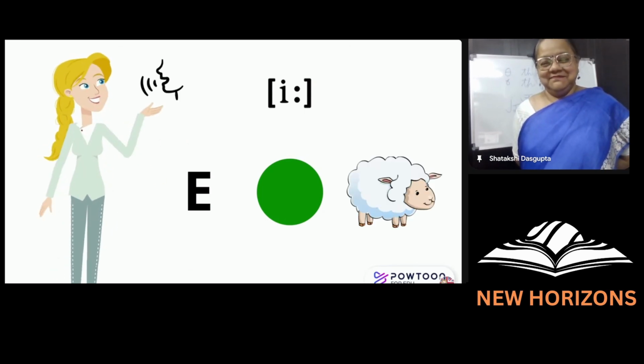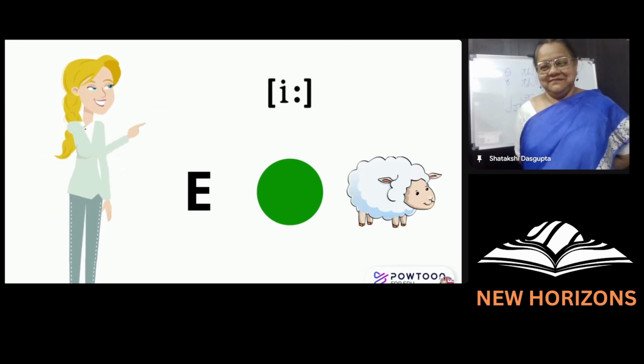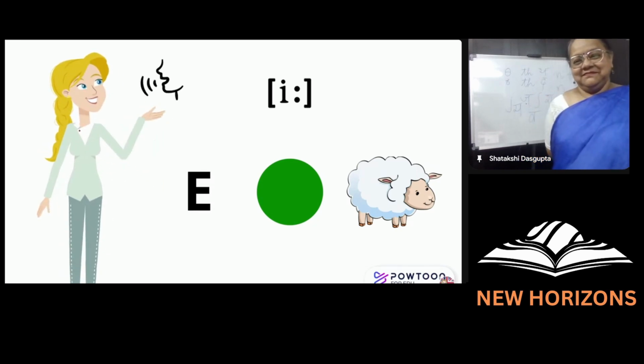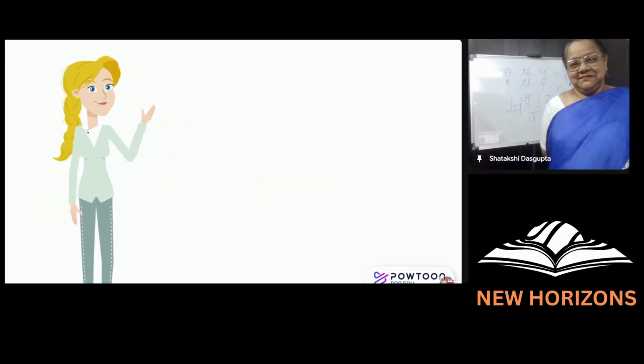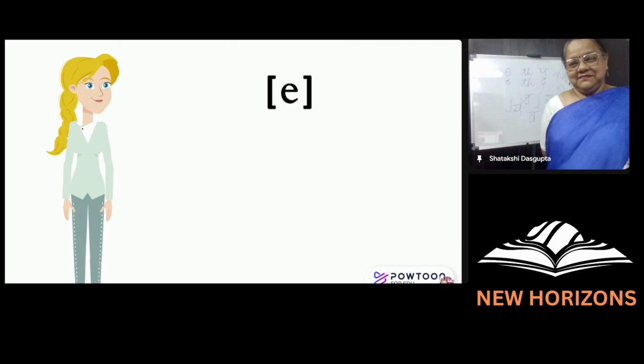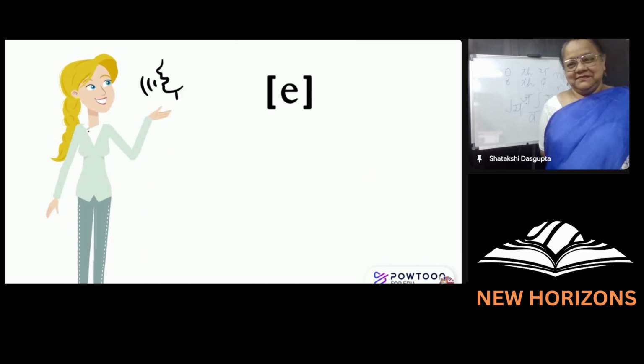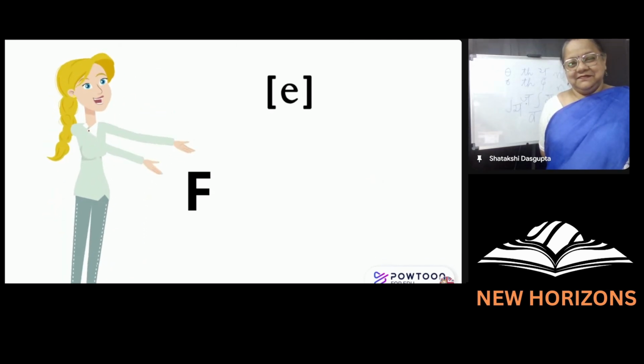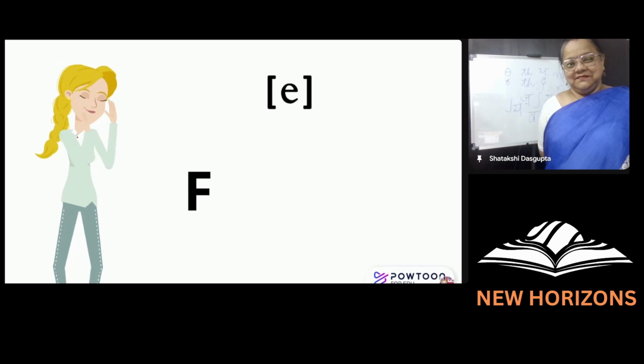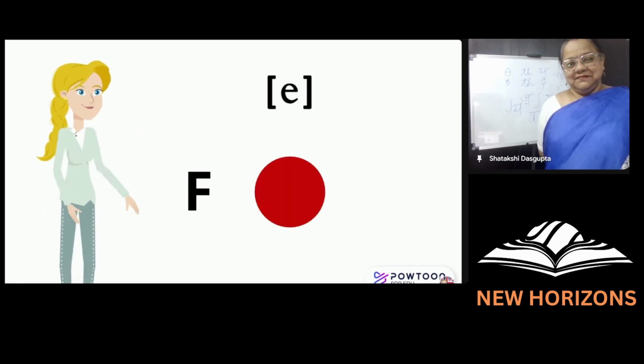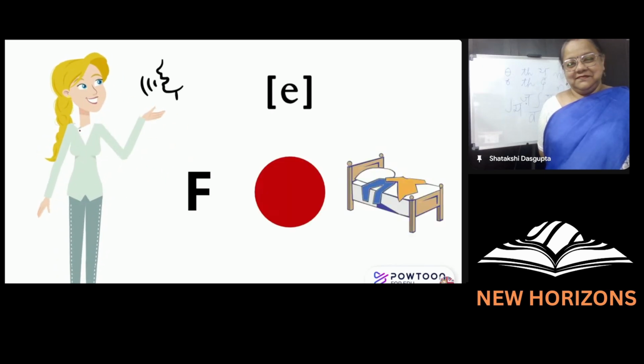Sheep. E. This is the sound F. F. F. Red. Bed. F.